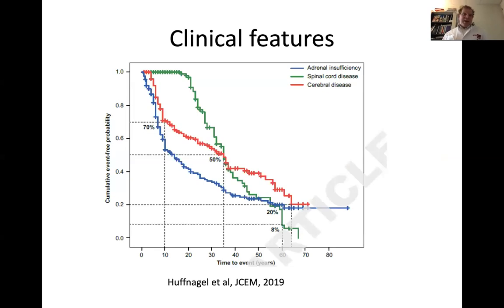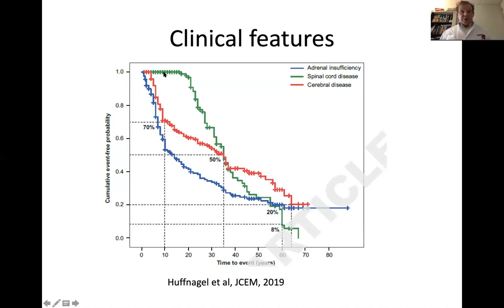So if we put it together, you could say that X-linked adrenoleukodystrophy is really kind of a prototypical metabolic disease, with patients that are basically all born normal but then generally develop symptoms over life. As this graph illustrates, often the first symptom is adrenal insufficiency, which occurs in a large proportion before the age of 10 years.